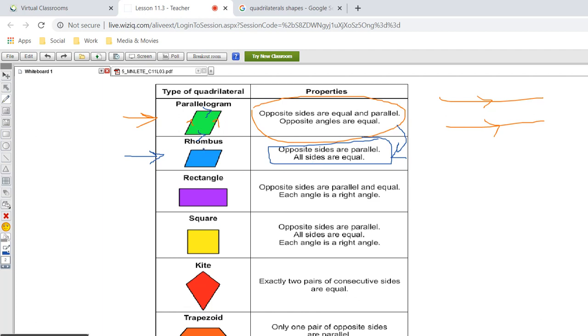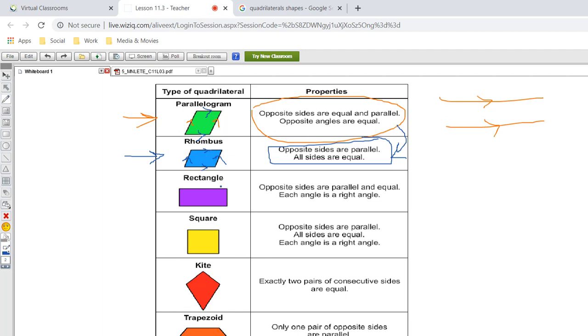Two opposite sides are parallel, the same as in parallelogram, but we have an extra property here: all sides are equal in length.